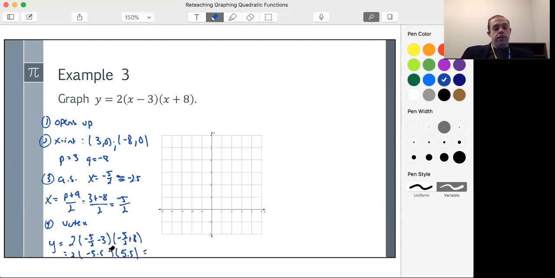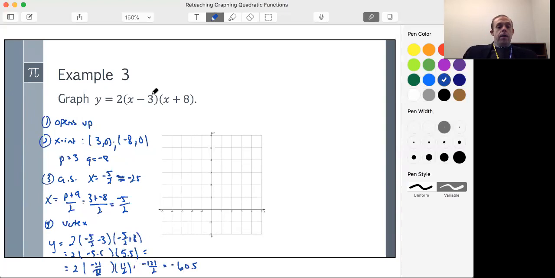Then we're going to multiply these together. So I'm just going to do some math here. So we have 2 times, I'm going to convert this to 11/2, so -11/2 times 11/2. And that's going to give me -121 over 2, which is equal to -60.5. I think that's right.